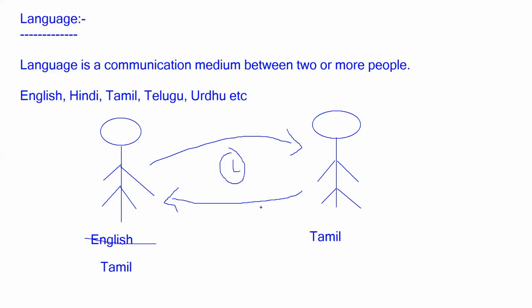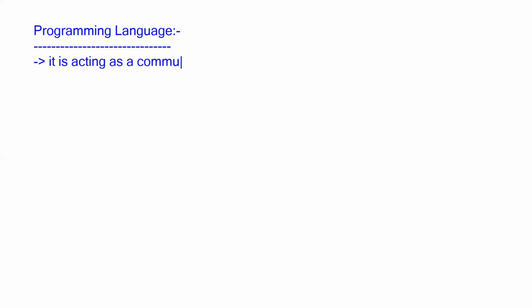All right, so this is one thing, and we should also know one more thing. One more thing I would like to discuss here is programming language. So what is a programming language? A programming language is also a communication medium, but here it acts as a communication medium between a programmer and a computer.